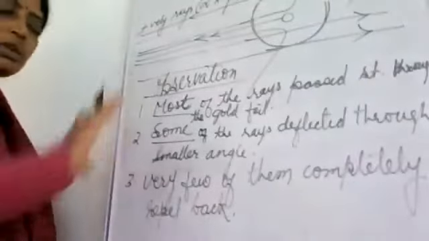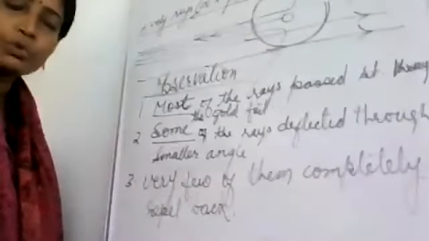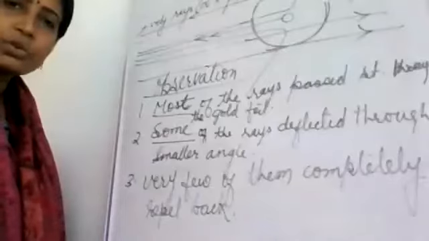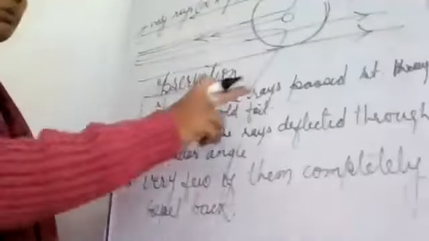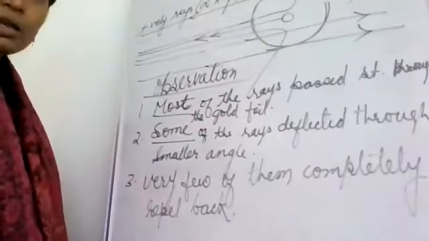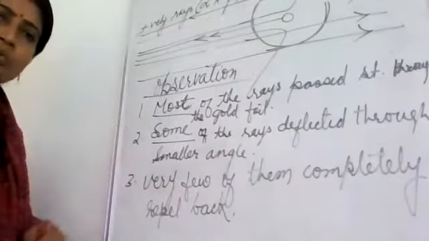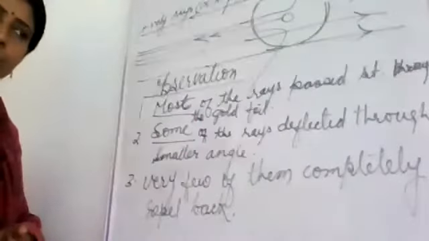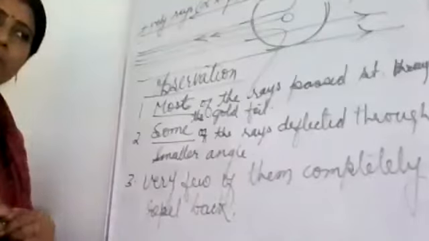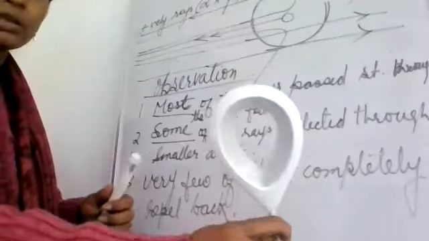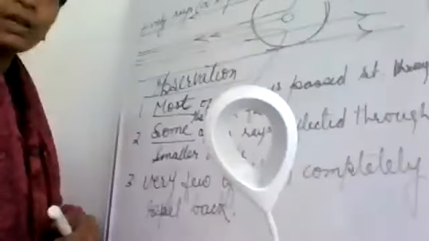Now, observation is here. Now we should come to the conclusion. What should be the conclusion? Most of the rays pass straight through the foil means what? When anything is going to pass straight away... suppose I am taking this lamp. Okay, this is empty space.